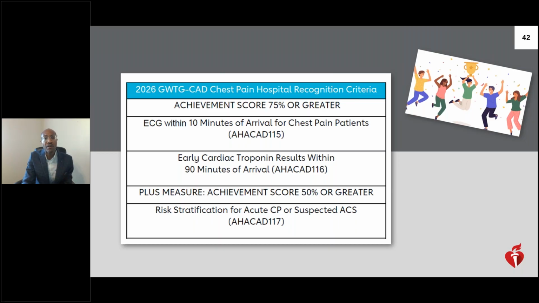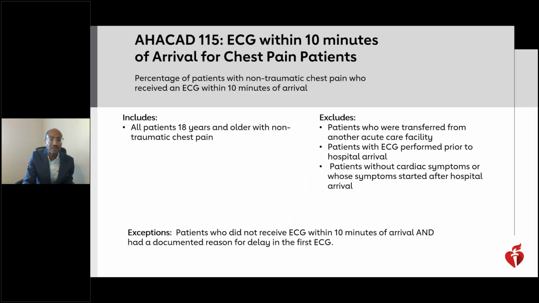We're also making a push and a call for hospital centers and clinicians to really aim for risk stratification specifically, so that we can further stratify the patients beyond the initial clinical evaluation. In order to obtain this plus measure, we're aiming for an achievement score greater than 50% at the present time, right?